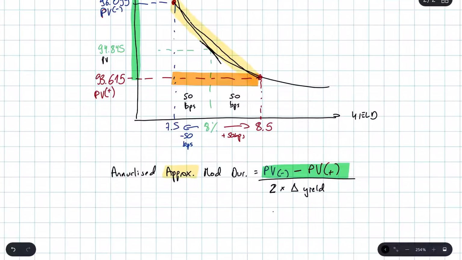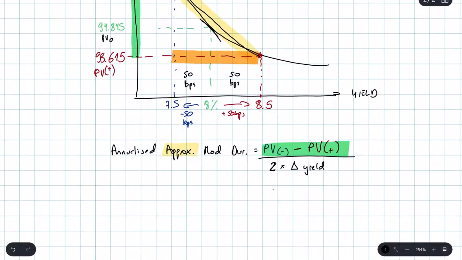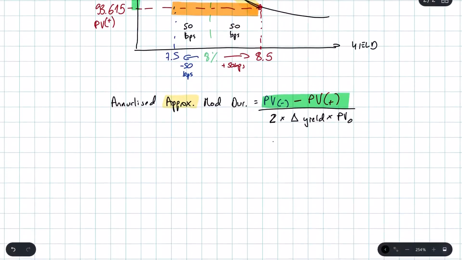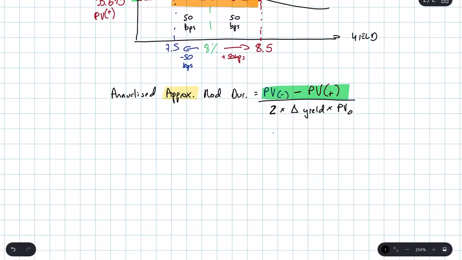So I'm still going to divide by my PV0. In fact, in all the formulas, this may appear at the beginning of that denominator expression. I've done it at the back. It doesn't really matter, where it's multiplication the order is not important.